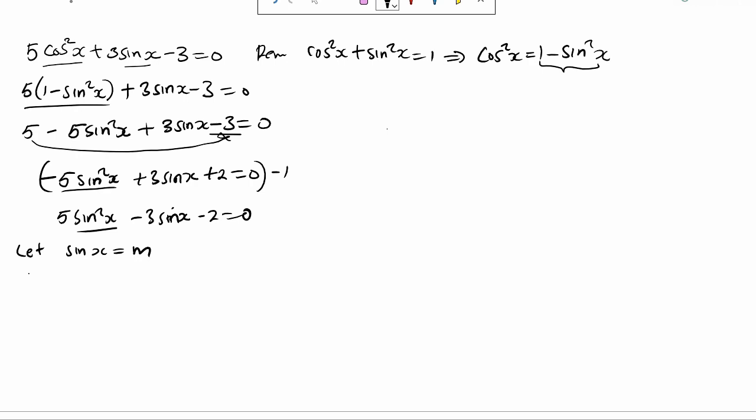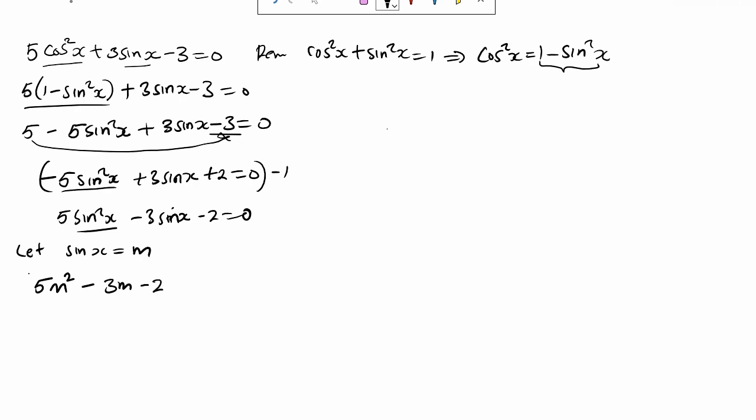It becomes m squared and it is multiplied by 5, so I shall have 5m squared minus 3m minus 2 equals 0.